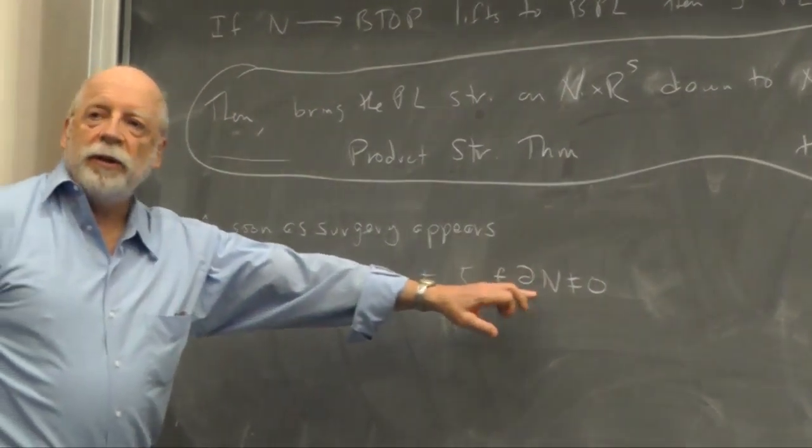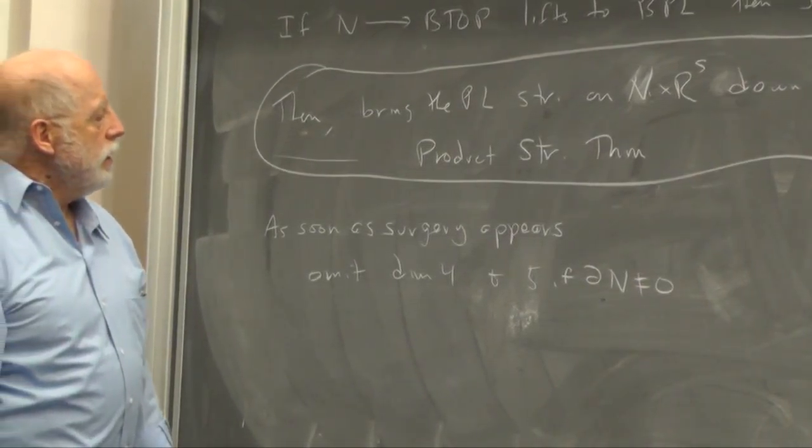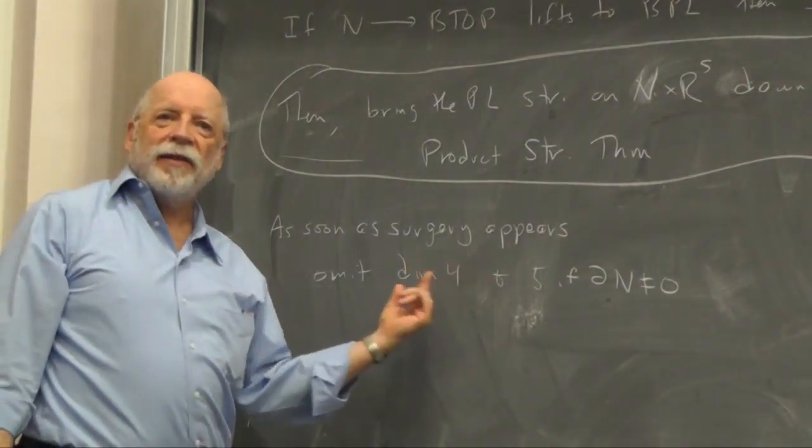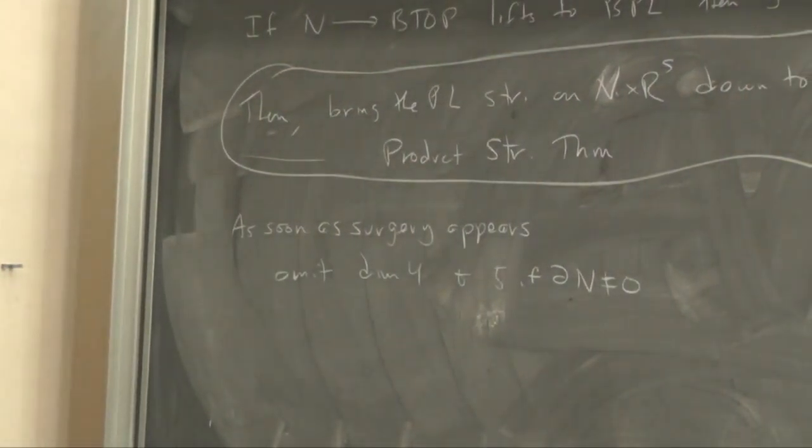A 5-manifold's boundary would be dimension 4, and that's not good. So I haven't been saying that, and I'm going to forget this at various times, but you have to know when to put that in.